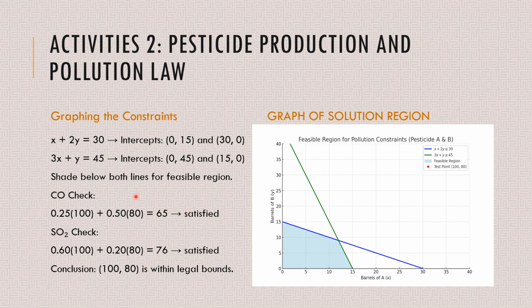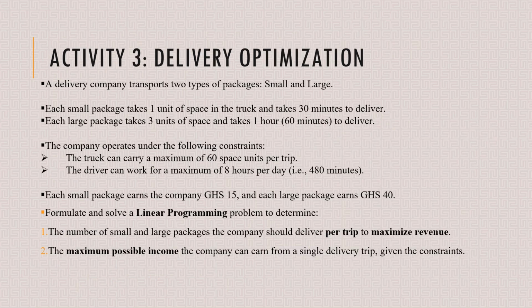It means they are going to be in line with the law, and it will be legal for them to produce this number of barrels of pesticide: 100 for pesticide A and 80 for pesticide B.